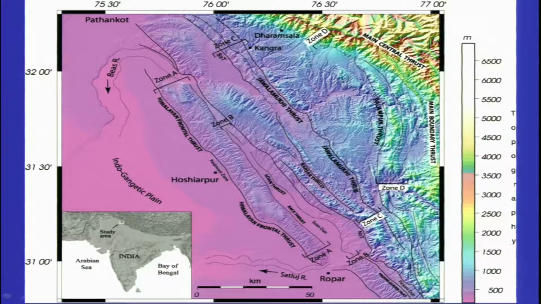Okay. Now, if you look at the Himalayan terrain, this is a foothill zone, and this portion what you are looking at is your anticline. Okay. So, you have multiple folded belts here, as you move towards the higher Himalayas.